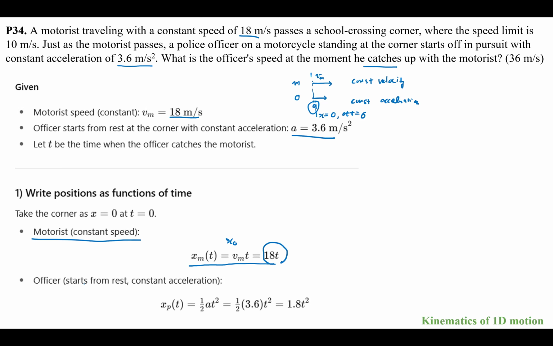But the officer starts from rest. Note that the police officer on motorcycle standing at the corner starts off. That means initially, at t equal to 0, for the police, let's say this is P, the police officer was at 0, the same position as the signpost.